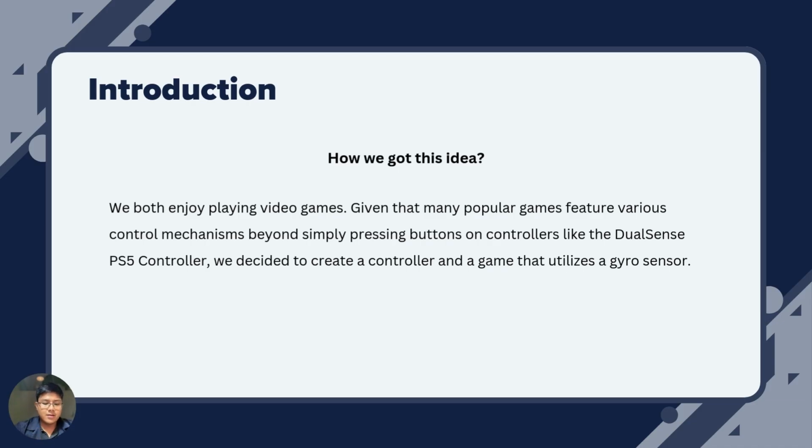We like that concept, and we want to implement and test that concept in our project. So we decided to create a controller that uses a gyro sensor to control the game character, and the game will be a racing car driving game using the gyro sensor.